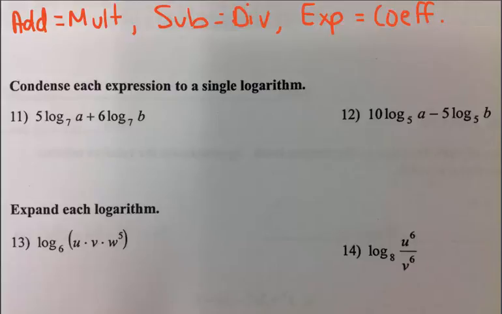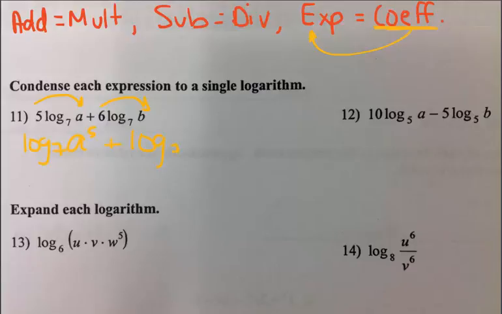And so when we see problems like 11 and 12, instead of writing 2 different log 7s or 2 different log 5s, I need to combine them together to make one log 7 and one log 5. So the first thing that I notice in number 11 is that I have some coefficients, so I need to bump them back because they were really exponents to begin with. This is a to the 5th.